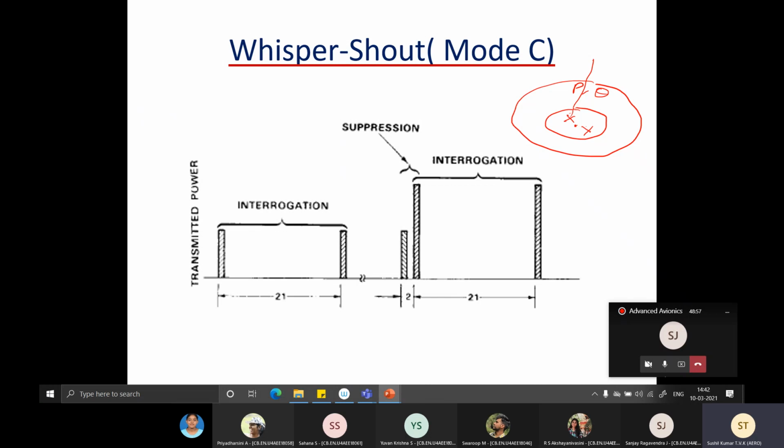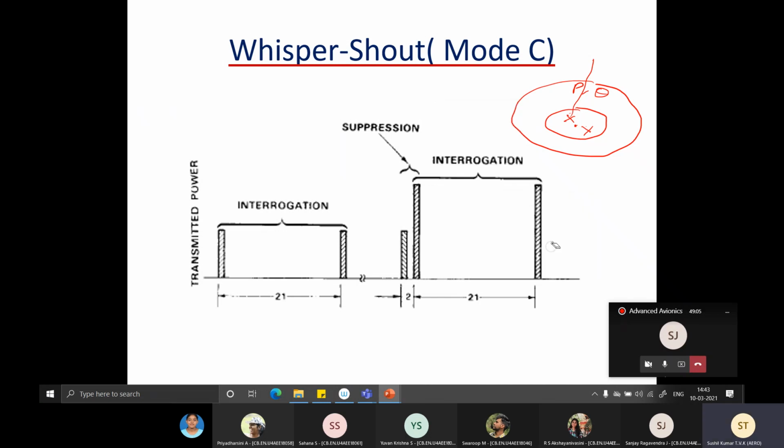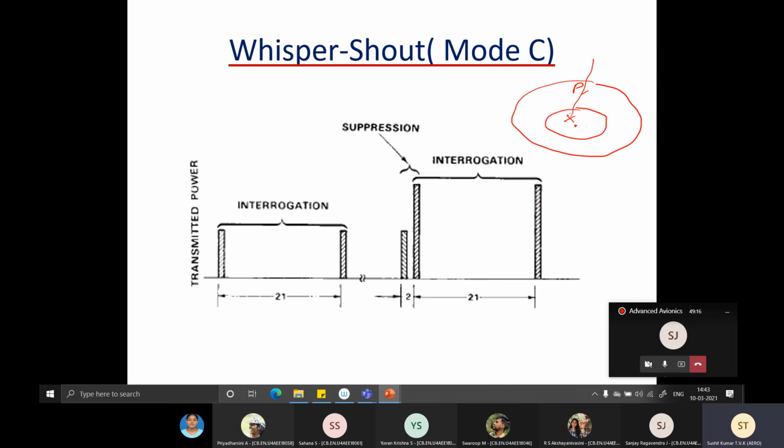Now, what I'm going to do is, I'll just make this simple. You have 2 aircraft, both coming from the northerly direction, and I want to avoid garbling between X and P. Both are in the same direction.